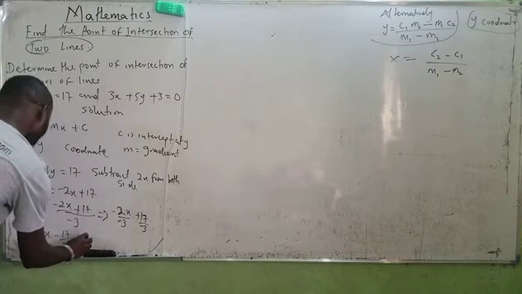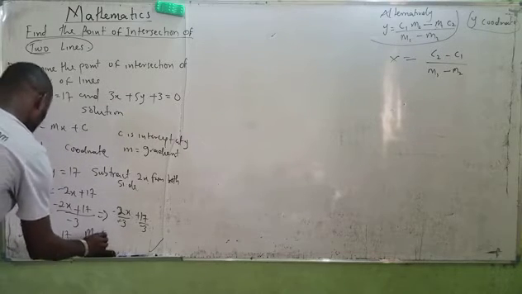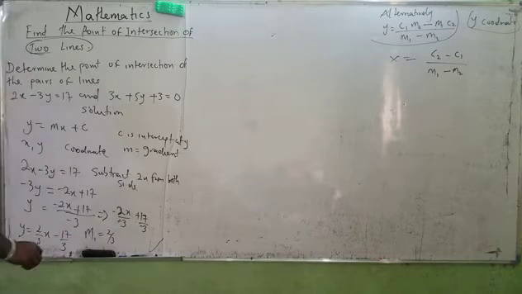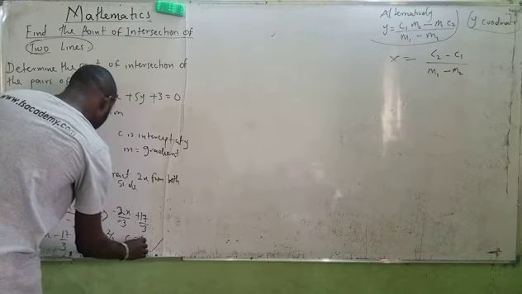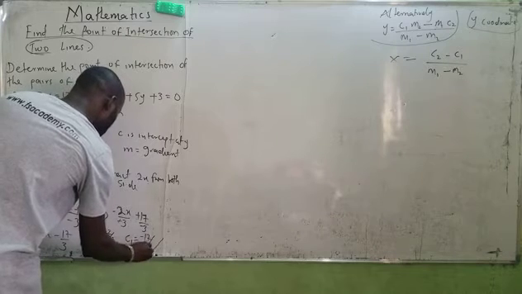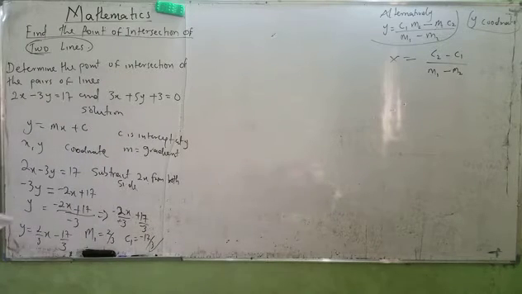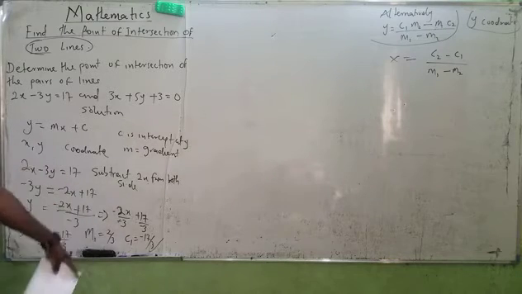Now, my m1 equals what? 2 all over 3. My c1 equals minus 17 all over 3. Now, I have successfully found my m1 and my c1.